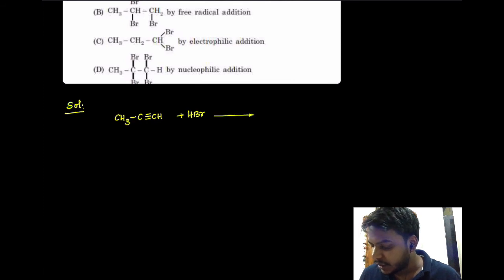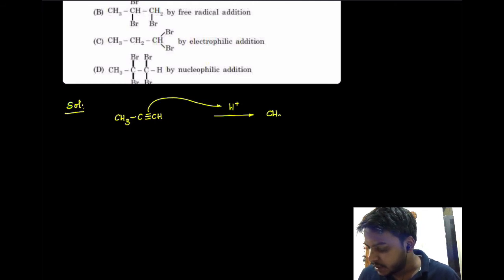So this is usually facilitated by adding something like HgCl2, where it will form a mercurium bridge and then the addition reaction will further take place. But since excess is given, we can always assume that it is following the same reaction set. So imagine that in the presence of this H plus, the pi bond is attacking here.